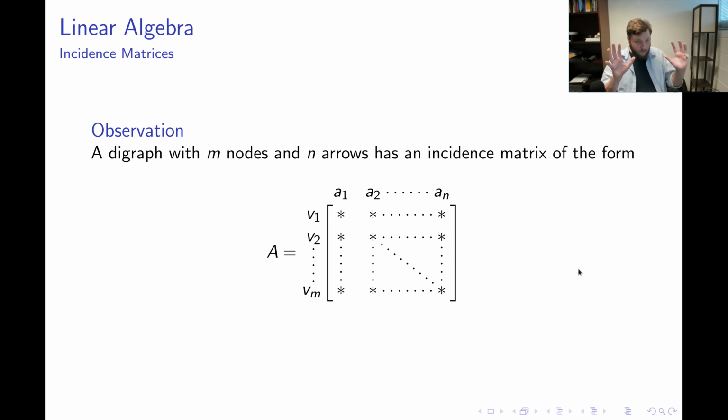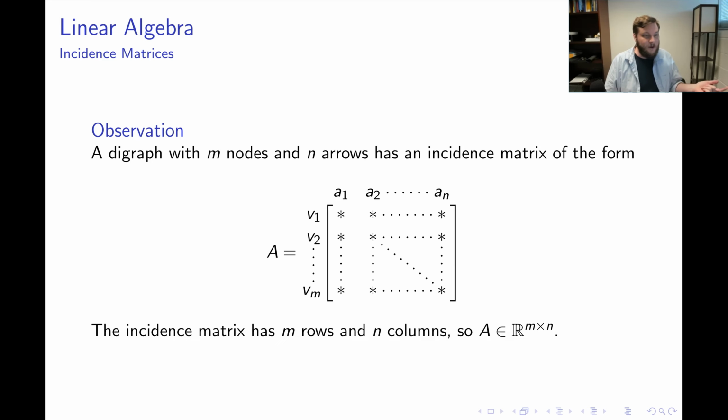In general, if your directed graph has m nodes with n arrows, the incidence matrix will look something like this. Remember, all of the rows are labeled with the node labels, and all of the columns are labeled with column labels. So with m nodes and n arrows, your incidence matrix will be an m by n matrix.